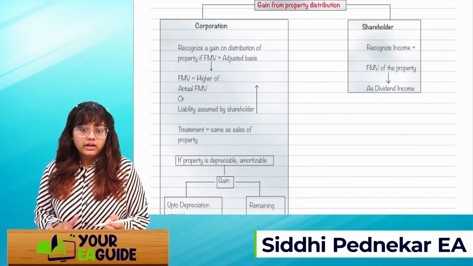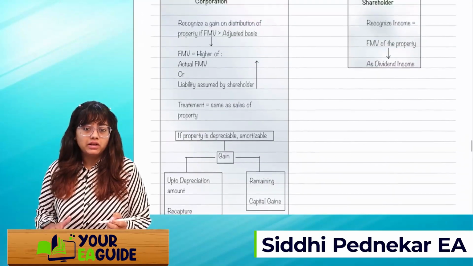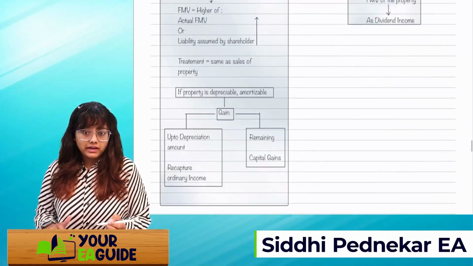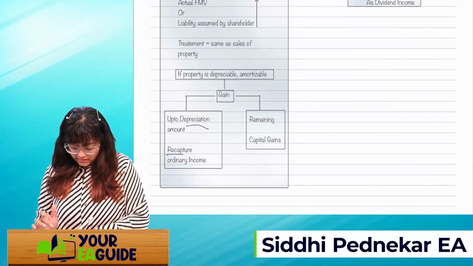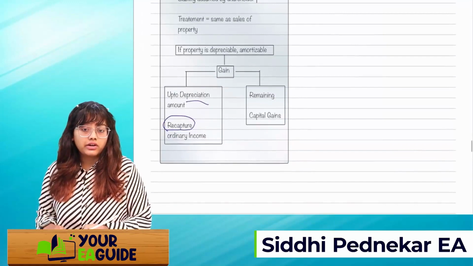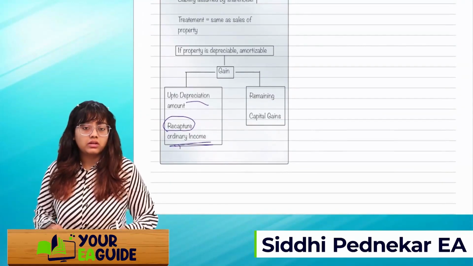Got it? Now, if the property is depreciable, then up to the amount of depreciation, or I can say the unrecaptured amount, it will be treated as ordinary income.